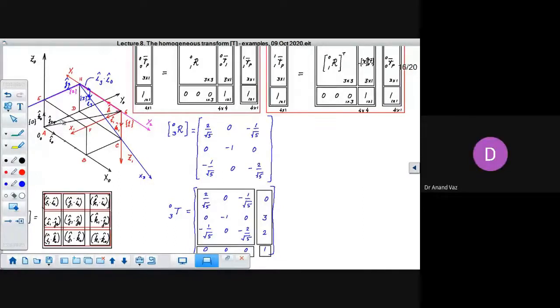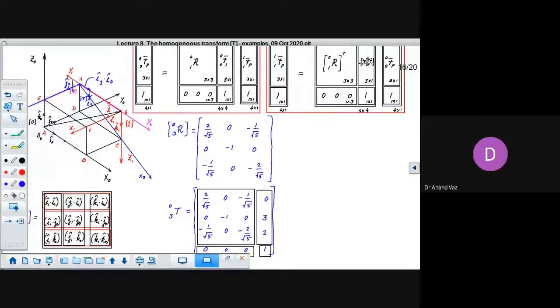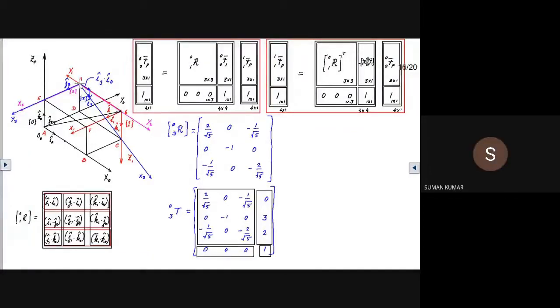Got it? So what are the components of that vector? You see, it is this vector. What are the components of this vector?